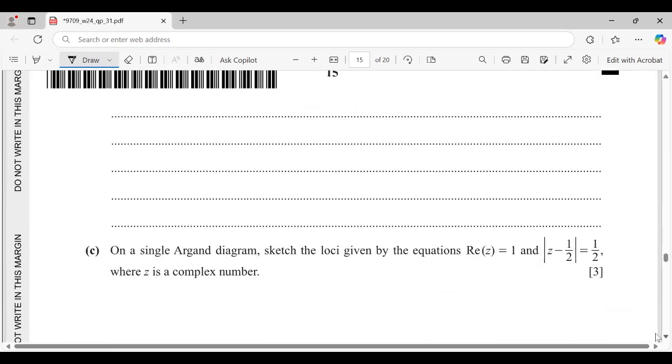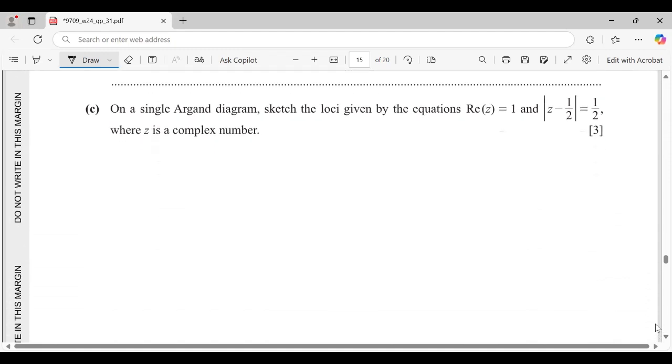Question. On a single Argand diagram, sketch the loci given by the equations real part of z equal 1 and modulus of z minus 1/2 equal 1/2, where z is a complex number. So the real part of z equal x plus yi. The real part is 1.